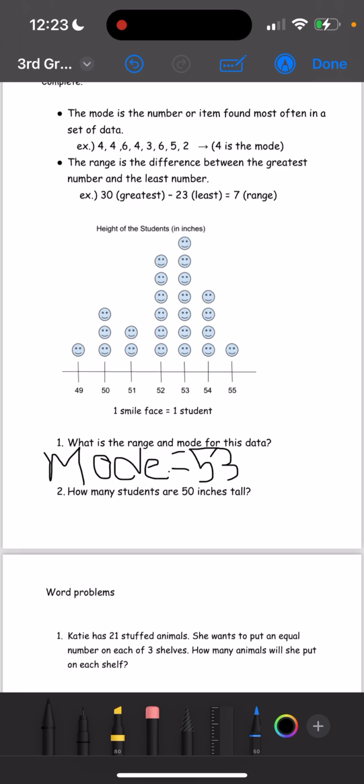Hold up. Oh, sorry, no. You actually have to look at the actual smiley faces. So if we count the smiley faces on 53, it will be 3, 6, 7. And the lowest one is just 1. So it should be 7 minus 1, which would be 6, which means the range will be 6.